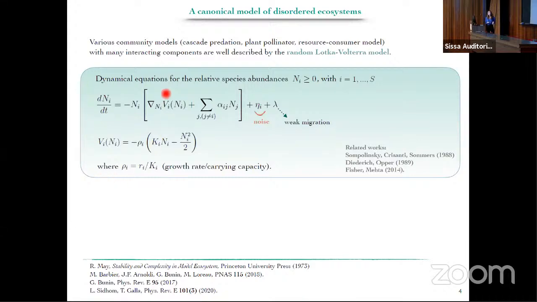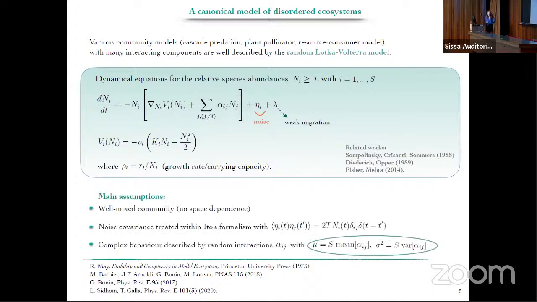Then we have this other term, which corresponds to the interactive part, and I'm going to detail it better in a while. To add a source of stochasticity, we add this noise, eta_i, which is a white Gaussian noise with zero mean and covariance given by this expression. It has an amplitude T and is directly proportional to N_i.